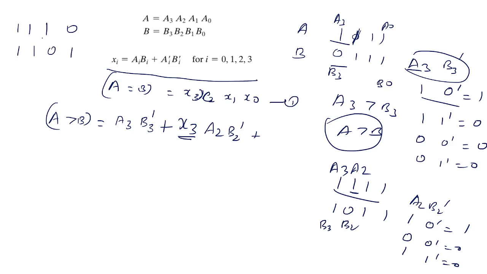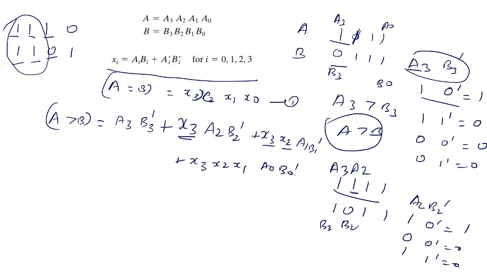I am taking this example like this: A3 equal to B3, A2 equal to B2, A1 greater than B1. So for this, first of all, I need to write X3, X2. This is for A3 equal to B3, this is for A2 equal to B2, and next A1 B1 prime. The last one is X3, X2, X1, A0, B0 prime. So I hope you can understand this.